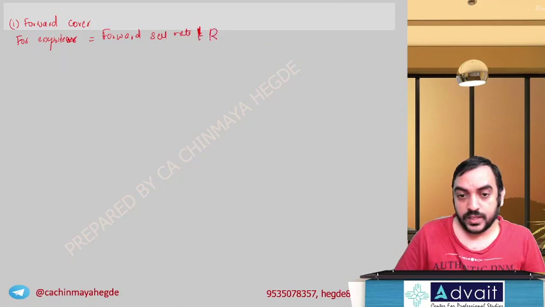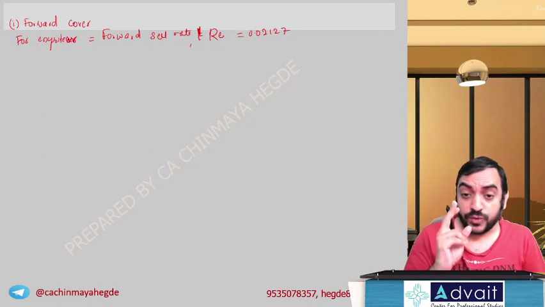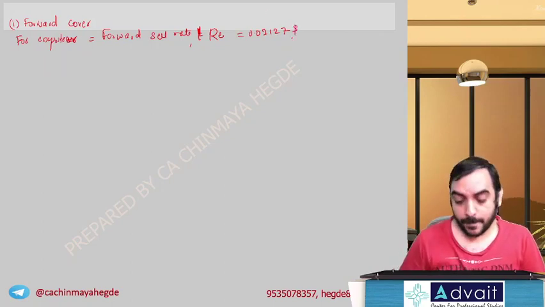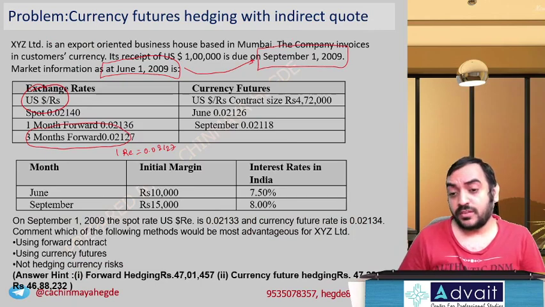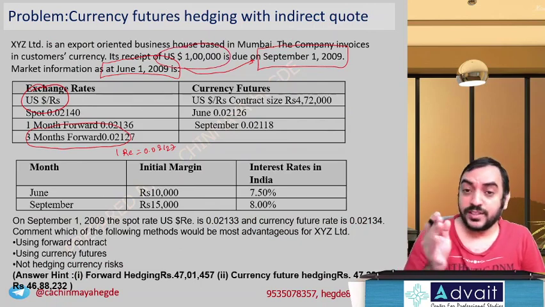So 0.02127 is the rate. So 1 rupee equals 0.02127. We don't have to worry about any higher rate, lower rate, only one rate is there. But we should be careful about whether I should multiply or divide. What is the invoice amount? Invoice amount we have 1 lakh US dollars, which is the right hand side. So we should divide.